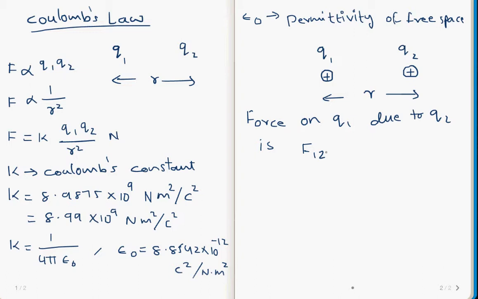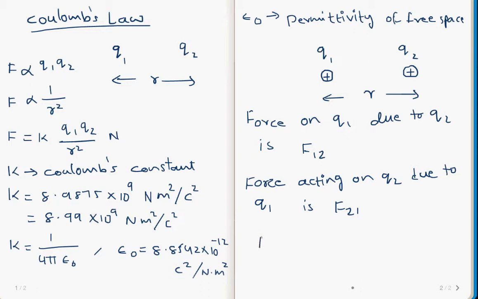F12, because force is a vector, and the force acting on Q2 due to Q1 is F21, and according to Newton's third law, the forces are equal and opposite.